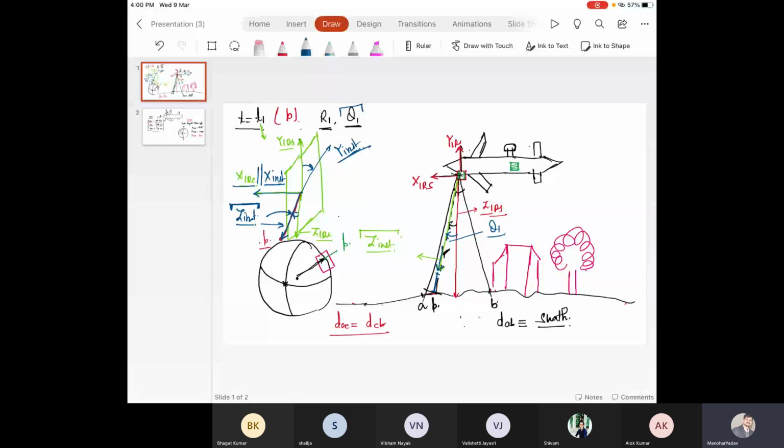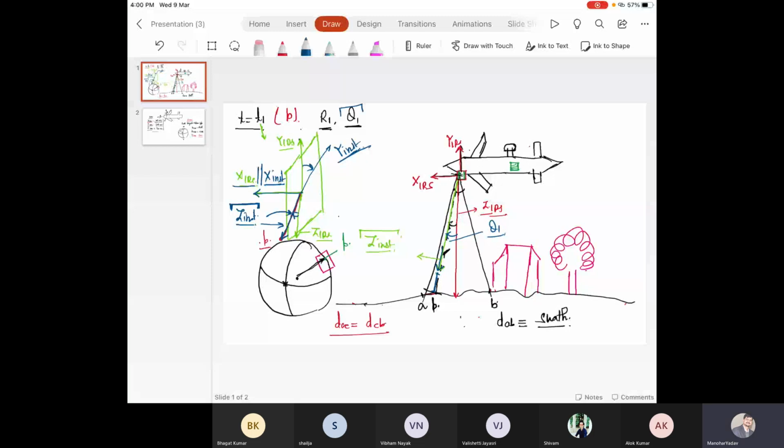What will be the coordinate of point P, okay, in instantaneous coordinate system? Who will tell me? Instantaneous coordinate system is towards the laser vector. And for the given laser vector, R1 is the distance it is measured.